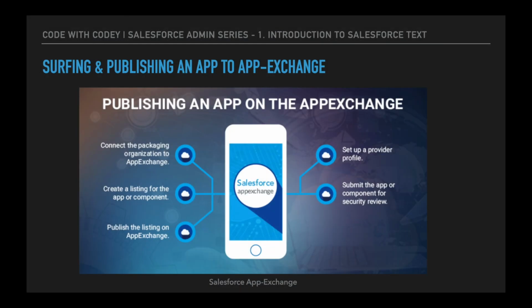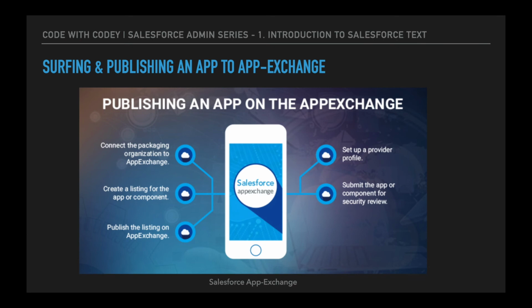If we talk about publishing an app on the AppExchange, we need to connect the packaging organization to AppExchange, and then we need to create a list for the app or component, that is, the components which are required for the application which we want to publish on AppExchange.